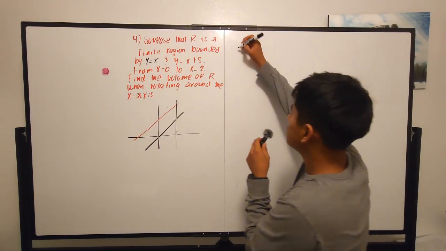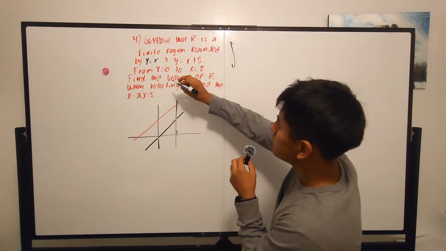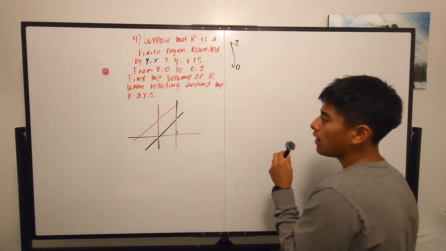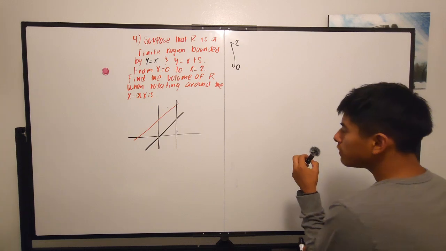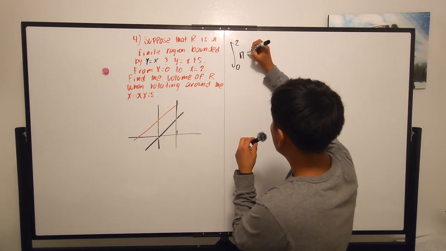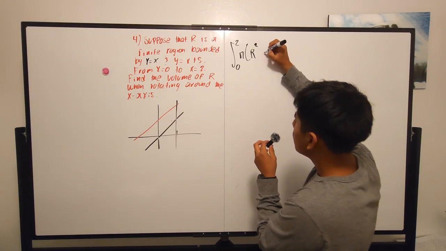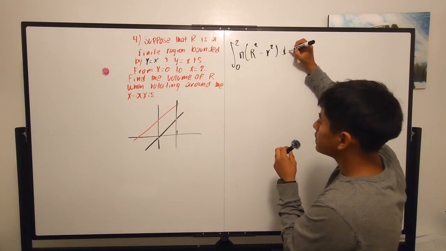Yeah, I'm just going to start. So we have the integral from the bounds, which are 0 to 2. When we're finding the volume of a solid of revolution by the washer method, we do pi times the big radius squared minus the smaller radius squared, with respect to the variable that we are integrating.